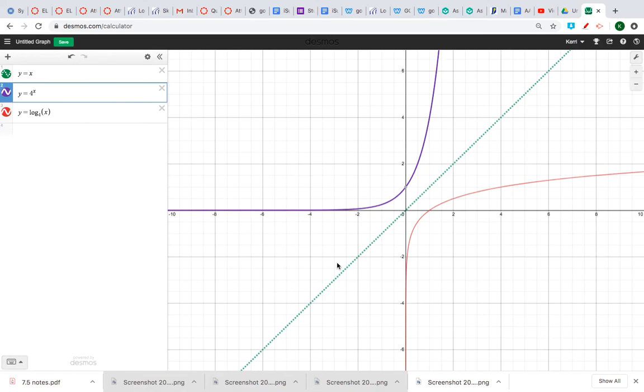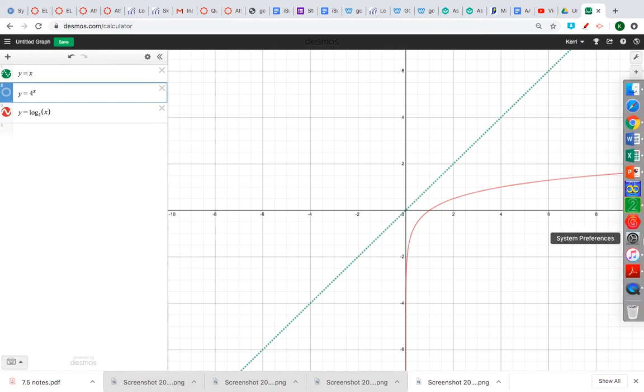The domain and the range. So remember, domain is all of the x values. The range is all of the y values. So as you can see here, let's just look at our log function. For all of the x values, we can see that every x value is positive.